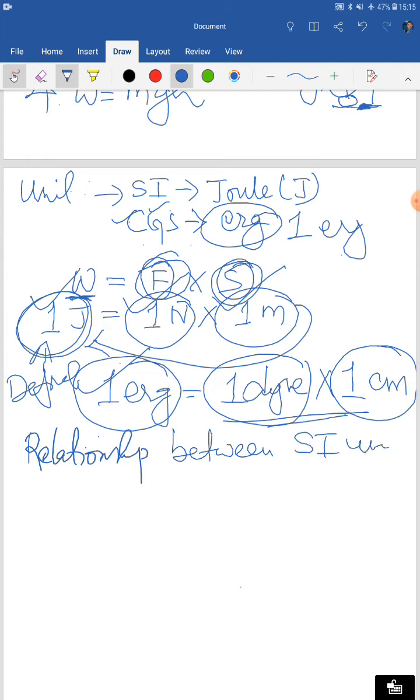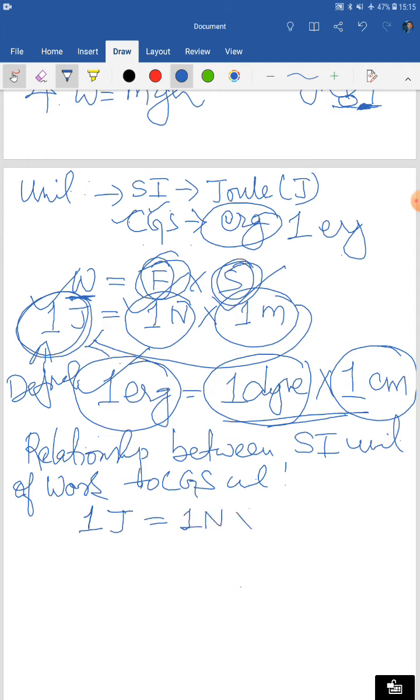Now let's get the relationship between the SI unit of work and its CGS unit. Now we know that 1 joule equals 1 Newton into 1 meter, from here, isn't it? From here we got that, right? Is that okay?